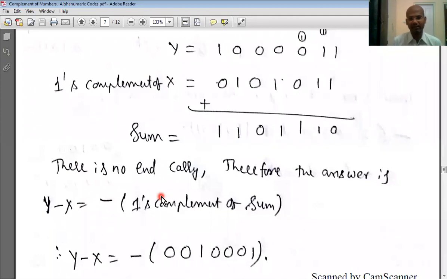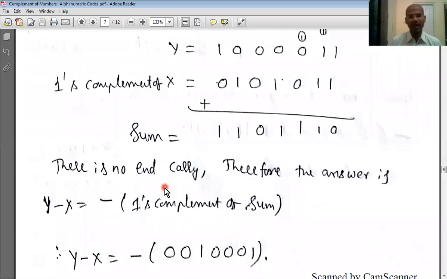If we get an end carry, then the interpretation is that the answer m minus n is positive, and you get that answer by dropping the end carry. That is how we perform subtraction in twos complement. And in the other case, if you don't get an end carry, then the answer is negative, and you have to take the tens complement of the sum to get the actual answer.